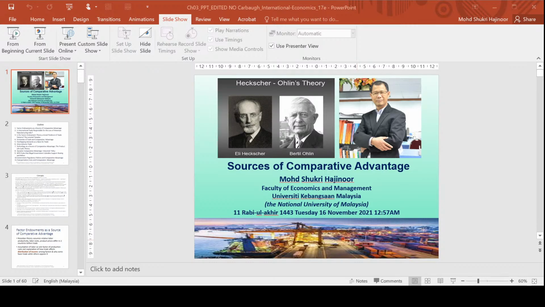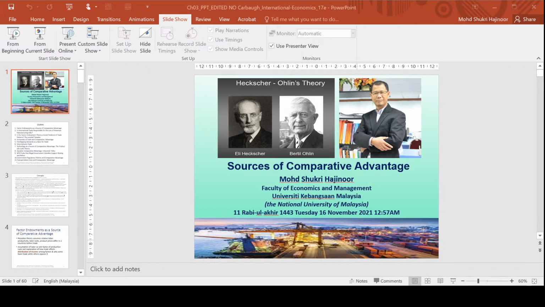I'm repeating, okay? So now we're going to study from number 4. After the testing by Leontief, we're going to study from number 4 the alternative to the explanation by Heckscher-Ohlin, which is, again repeating, that comparative advantage comes from factor endowment.